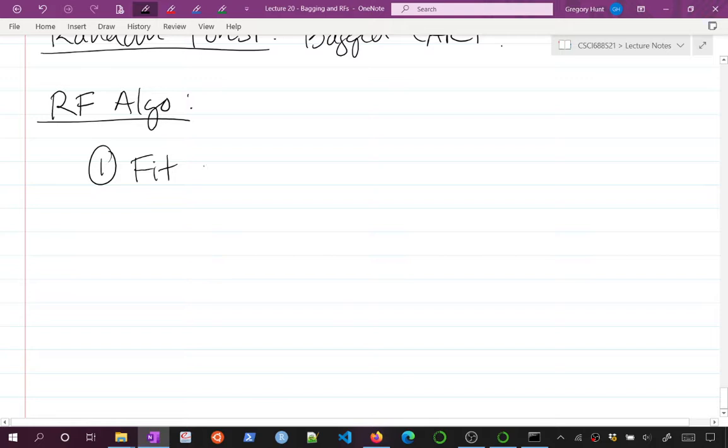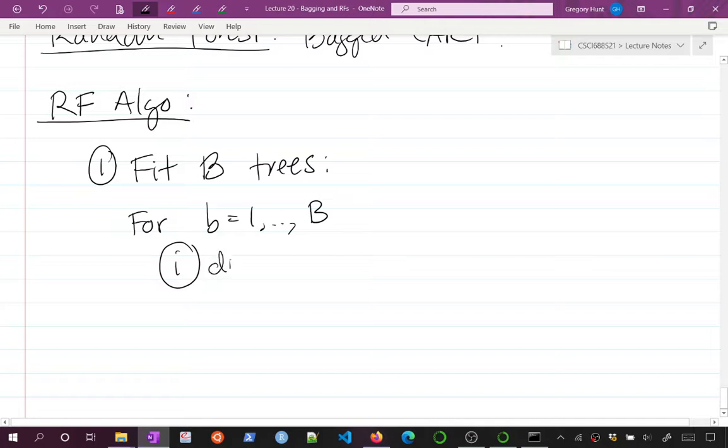What we're going to do is we're going to fit B trees. And in kind of the classic bagging setup, we're going to have some index little b, and we're going to have capital B of these. For each of the little b trees, we're going to first draw a subsample from the training data.